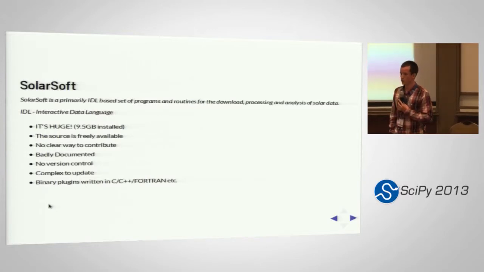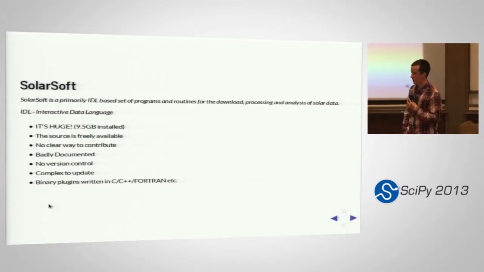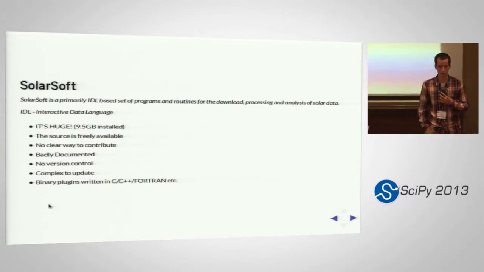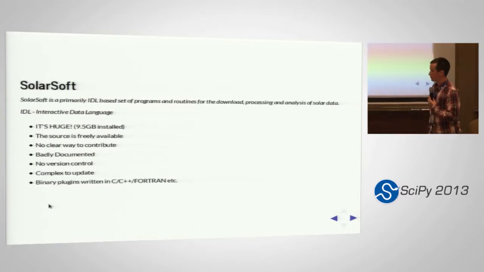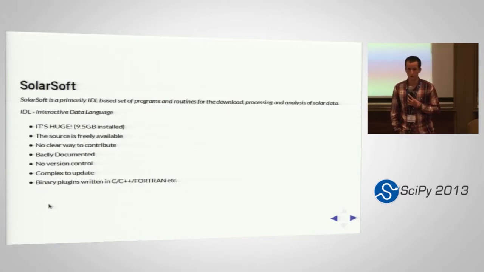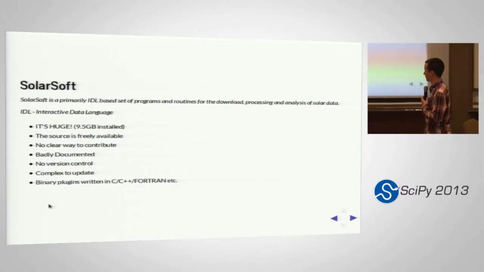It is open source in the sense that you can download the source code. That's about where the similarities with a Python open source project end, as far as I can tell. There's no clear way to contribute to this project. Presumably you have to email the people that maintain the code. I don't know, they don't say anywhere.